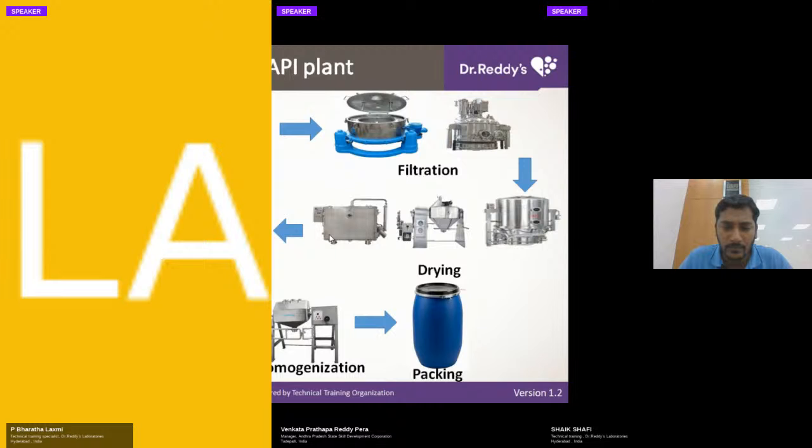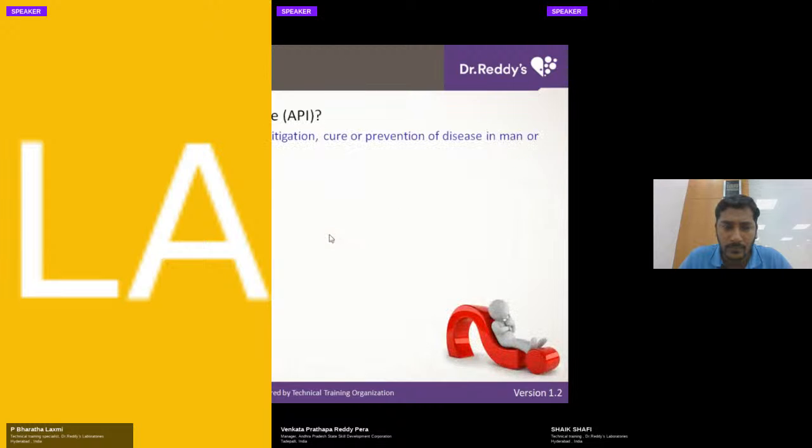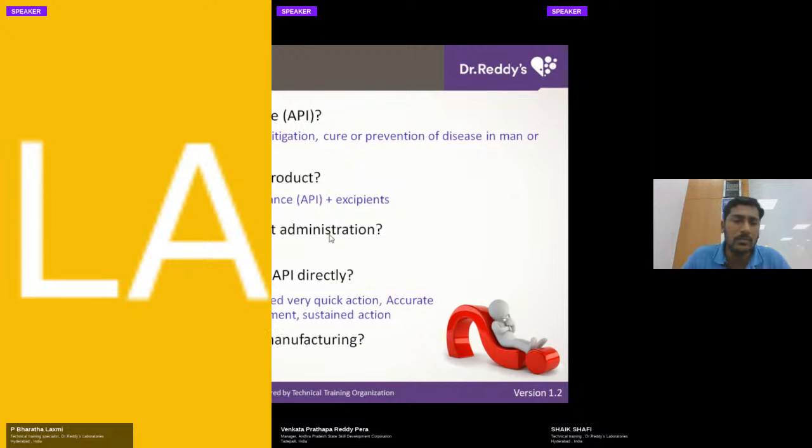So API is here, I kept some recap for your recap purpose. What is drug substance? It is nothing but API, what we are manufacturing in the API plants. The combination of drug substance and drug excipient is called drug product.